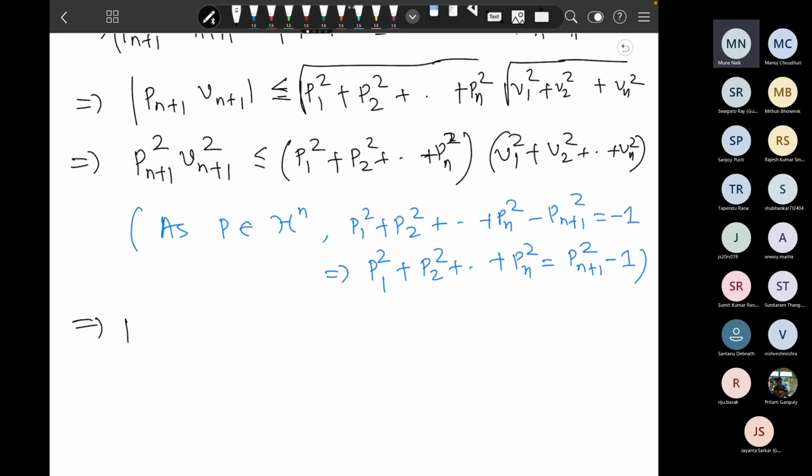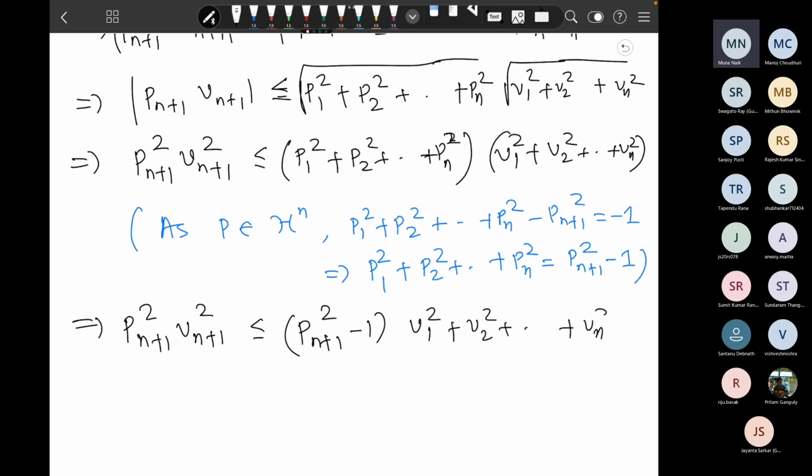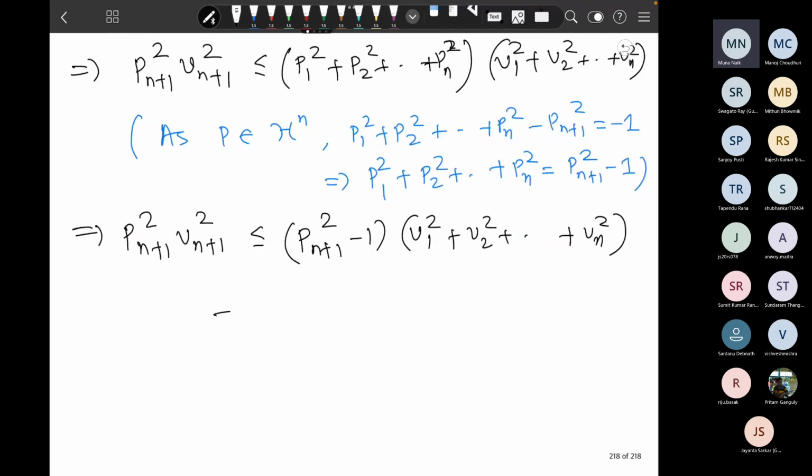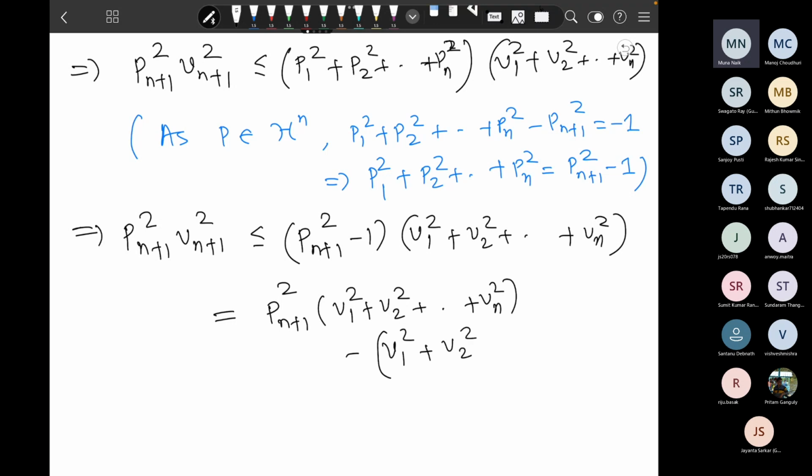So I will get Pn plus 1 square Vn plus 1 square less than or equal to Pn plus 1 square minus 1, times V1 square plus V2 square plus Vn square. So I will expand that and get Pn plus 1 square times V1 square plus V2 square plus Vn square minus V1 square plus V2 square up to Vn square.